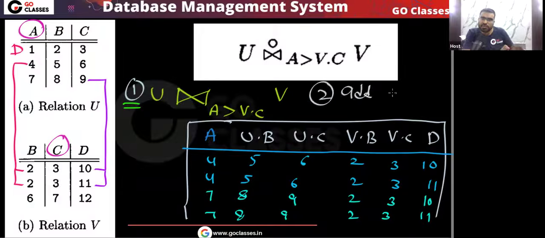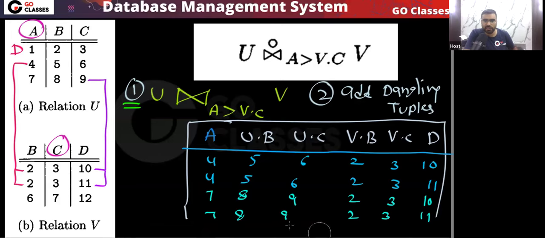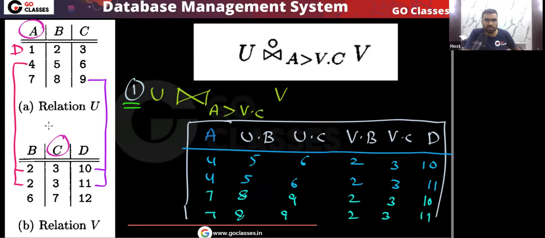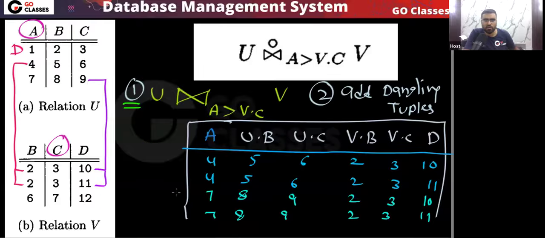Second, add the dangling tuples of both tables. Agree? So you can see the dangling tuples. Which are those? Two dangling tuples are there, and you will put these two dangling tuples here.